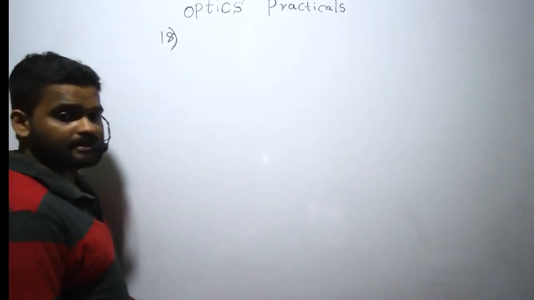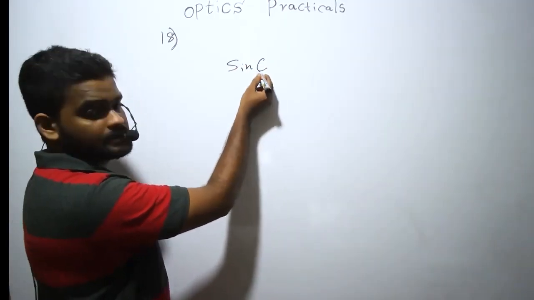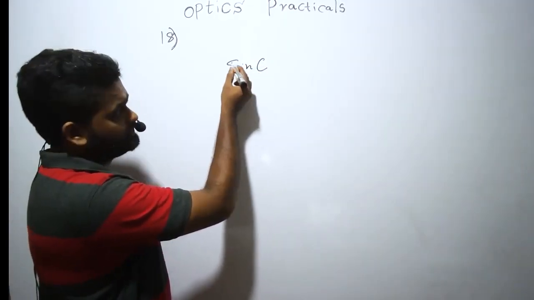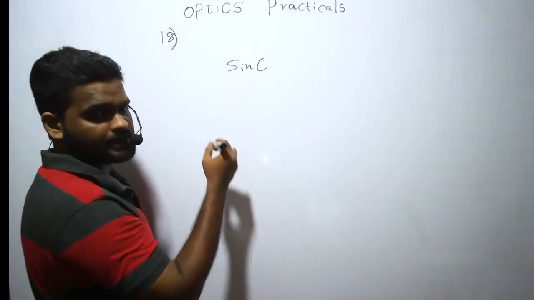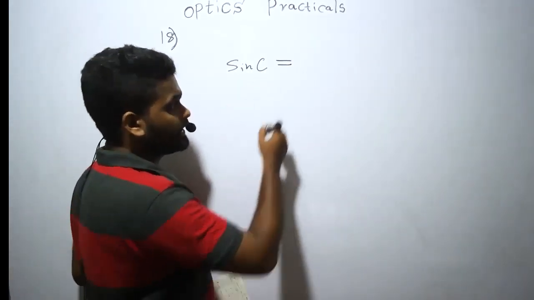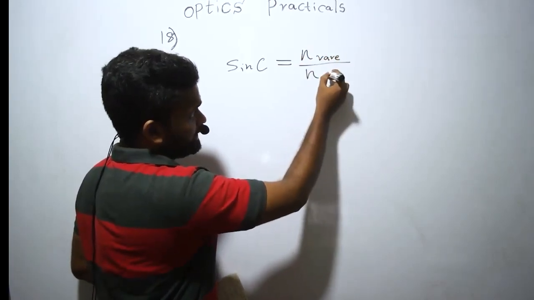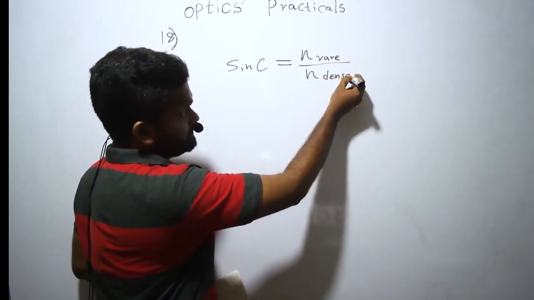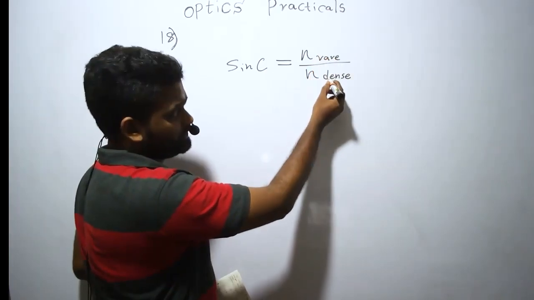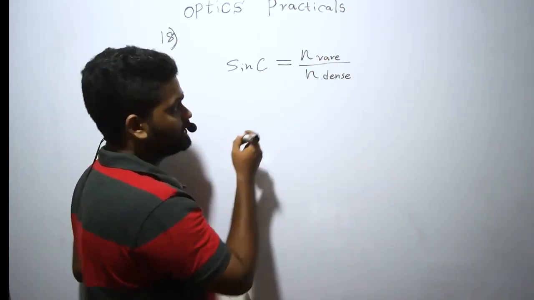So this is the theory, right? You know that sin C, the sine value of the critical angle, is equal to what? N rare divided by N dense. Refractive index of the rare medium, refractive index of the dense medium, right?